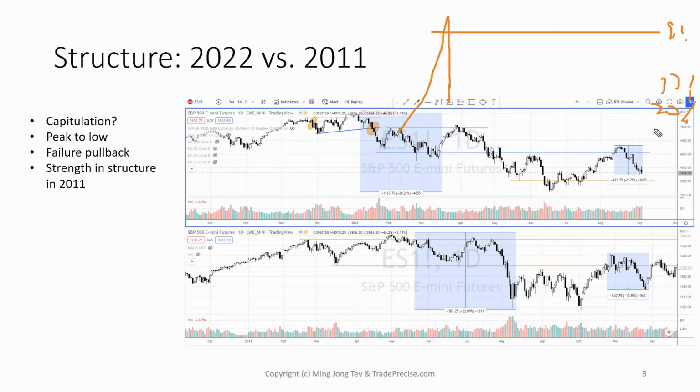So the magnitude of the breadth thrust pullback is a lot worse in 2011. But at the moment, the reaction for this year is still unfolding. So it's probably still a bit early to confirm or to jump to the conclusion. But I just want to keep you thinking about this as one of the bullish scenarios that we can refer to.